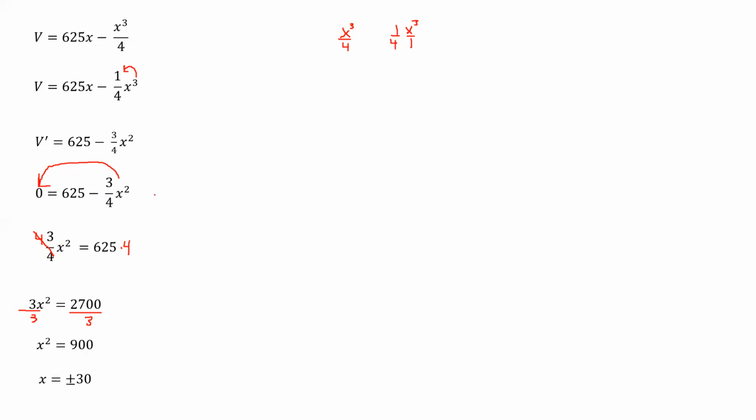Now, we need ourselves a plus minus chart. So on our plus minus chart, we have plus or minus 30. No vertical asymptotes. Plugging into the derivative.